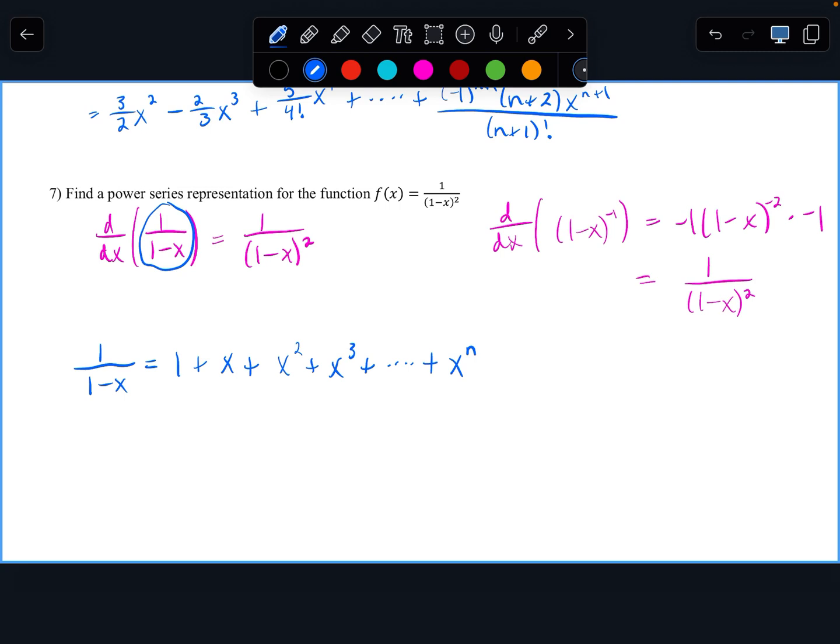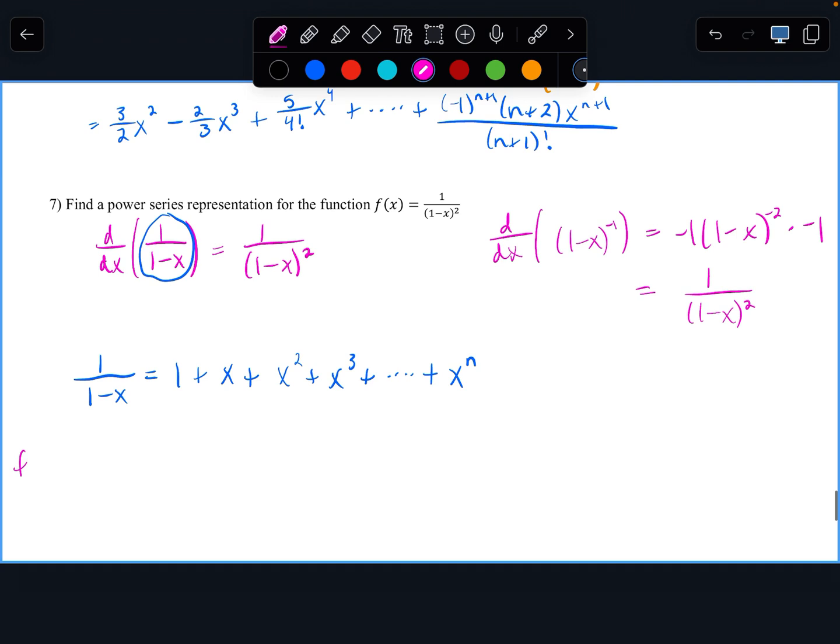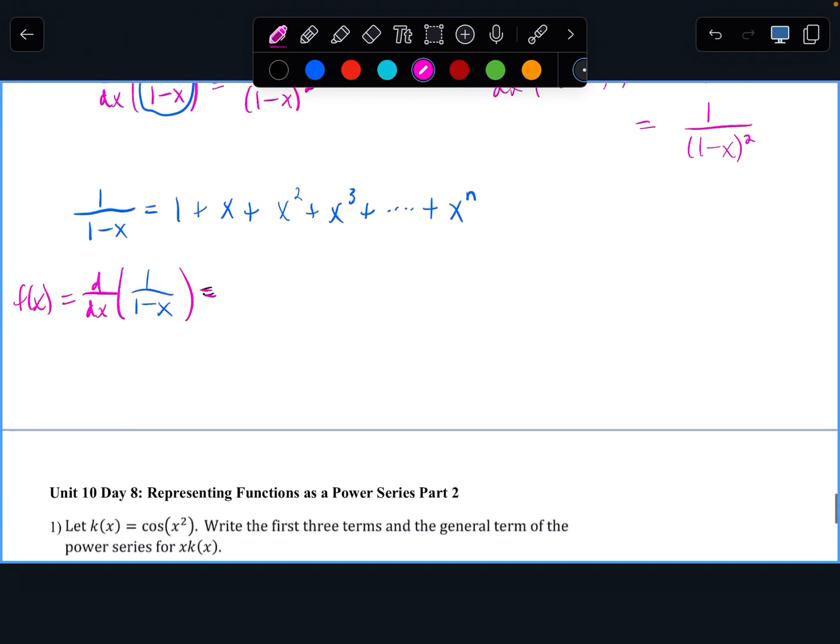Okay? So then you can be like, oh, hey, f of x is the derivative of that series. I know I'm kind of rewriting this again, but we're just going to do it. And now you're just going to take the derivative of it, and that's your f of x. So the derivative of that is the function that I want, and I'm just going to take the derivative.